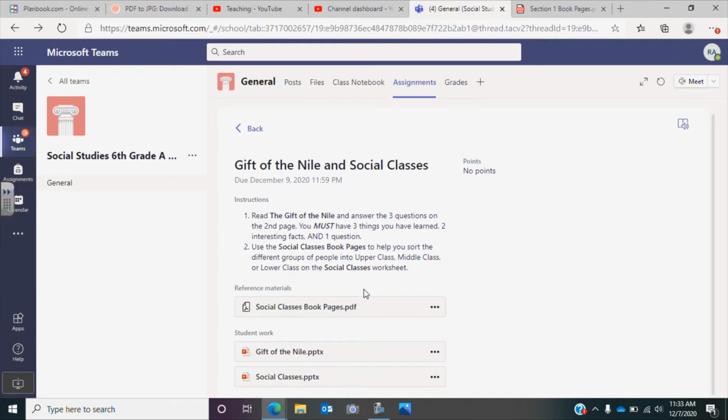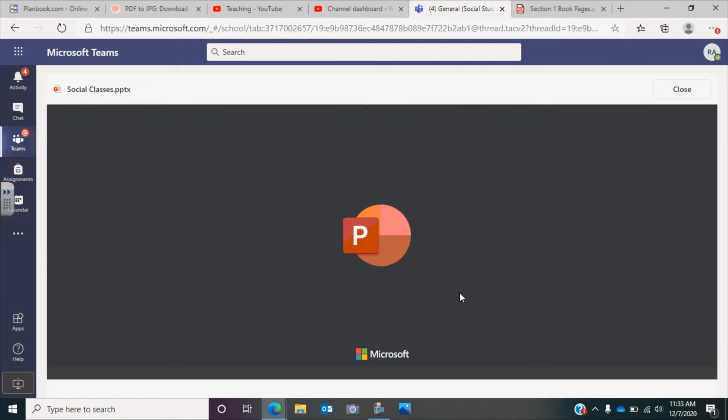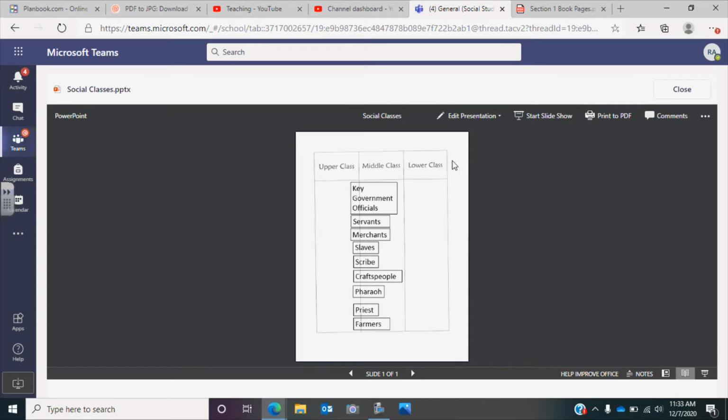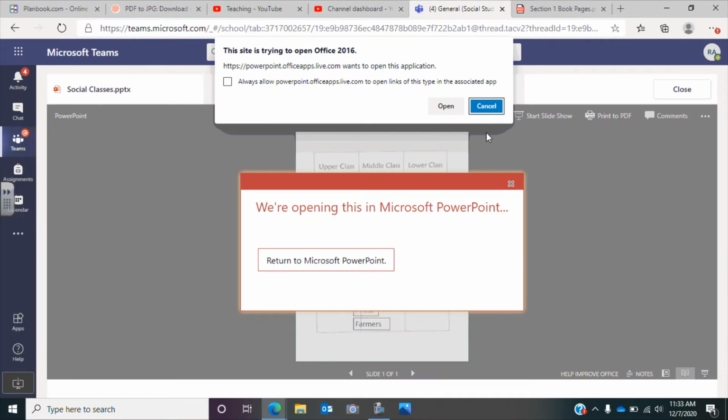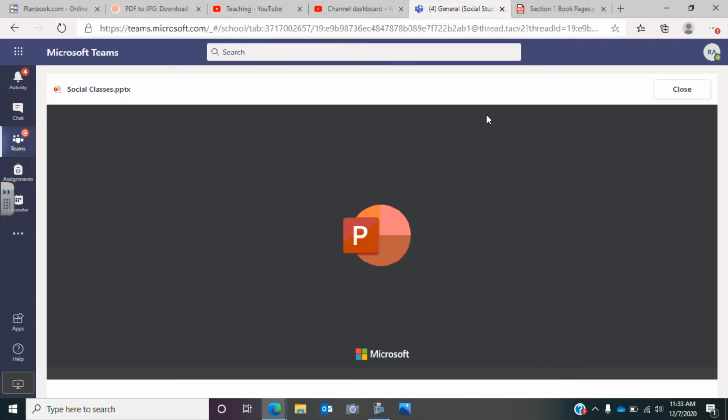So now we're going to talk about the social classes, the way that things were set up. And when we read the book pages, you'll be completing this activity as well or completing it after. So what you're going to do is you're going to click Edit in Presentation, Edit in PowerPoint, or Edit in Browser. Or it'll open up something different.